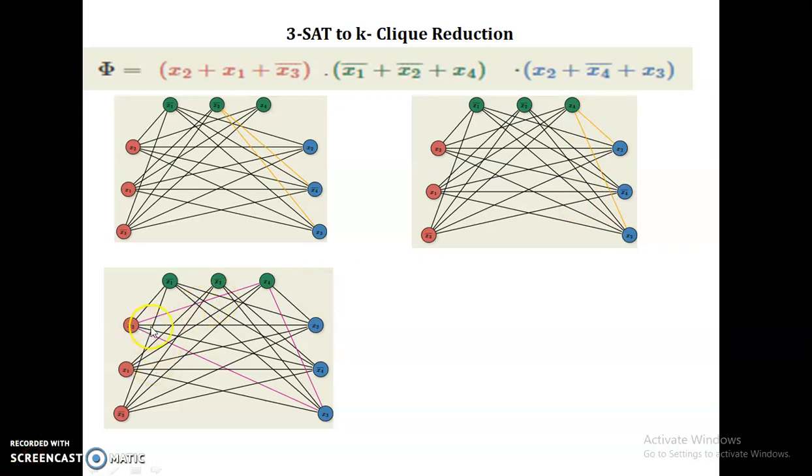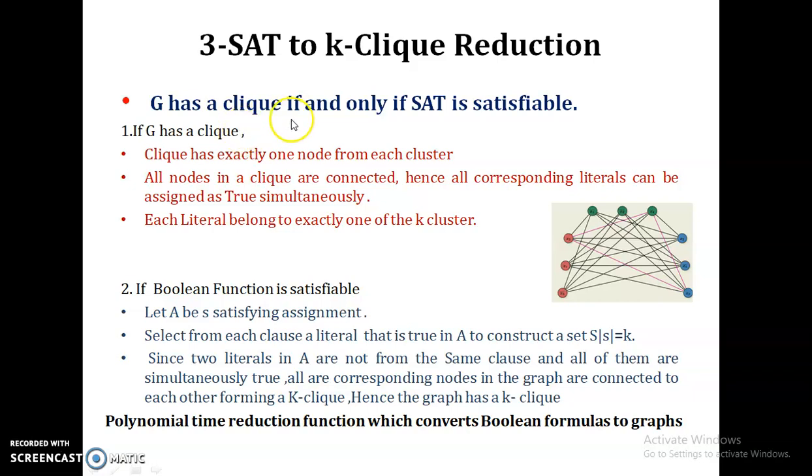Now if you take x2, x4, x3, this forms a clique, right? So the size of the clique is 3. So we can say G has a clique if and only if the Boolean expression is satisfiable. So when G has a clique, we should have some constraints there.